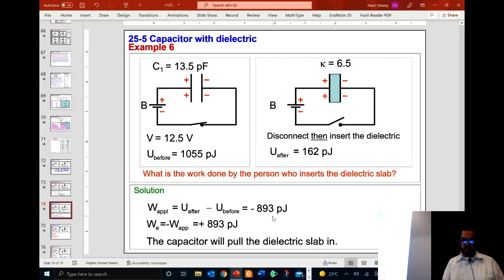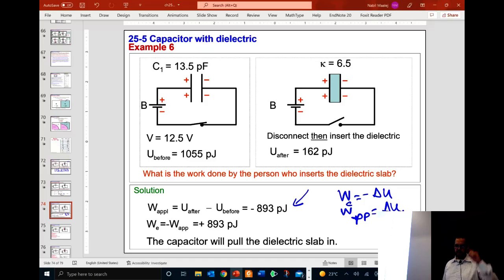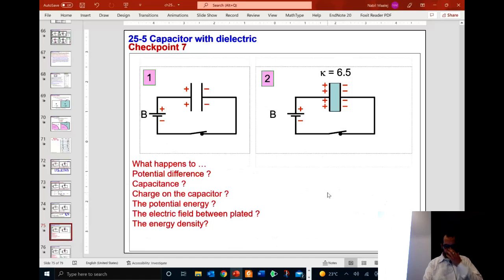If we are asked what is the work done by the electric field, remember, the work done by the electric force is minus delta U. The work applied by an external force is delta U. So the work applied is minus 893 picojoules, and the work done by the electric field is 893 picojoules. Okay, next question.